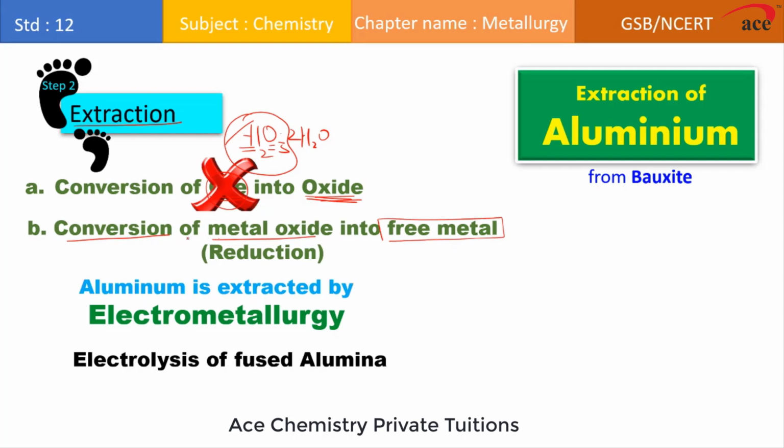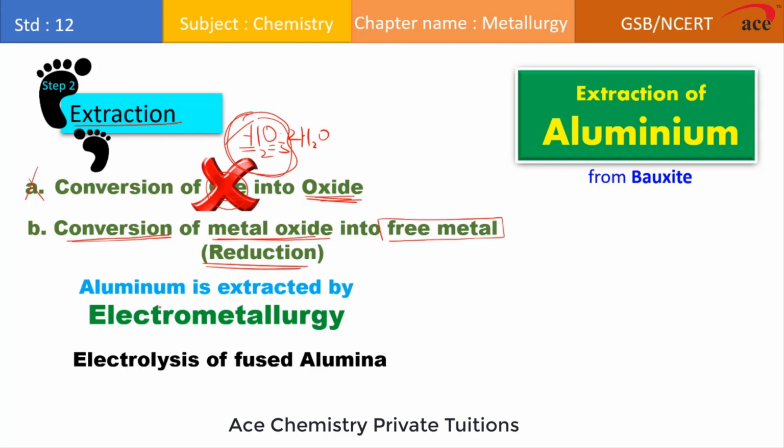We know that in extraction we convert the metal compound to its oxide, and from the metal oxide we convert to metal. Since the ore is already in the form of oxide, it does not require step A; it requires step B, which involves conversion of metal oxide into free metal. This step is also referred to as reduction, because it involves removal of oxygen.